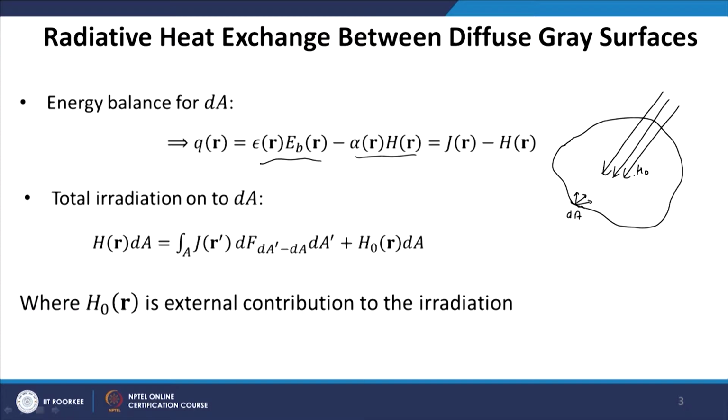So, now we will further simplify this equation. The same heat flux on this element dA can also be written in terms of radiosity. Radiosity is defined as total energy leaving the surface through emission and reflection, and it is J, and minus H, H is total irradiation.